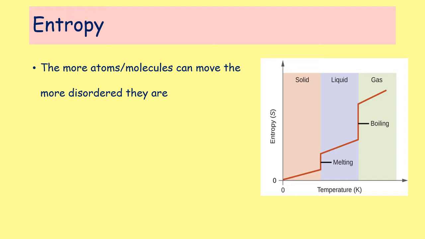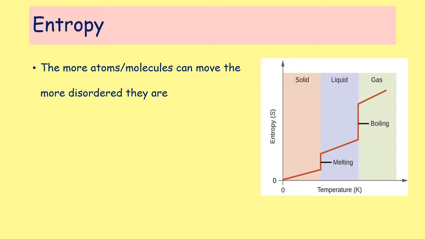Once you reach the melting point for a compound or an element, you get a massive jump in entropy. And that is because you have introduced a whole new level of freedom to the molecules that allows them to move and hence increases the disorder quite considerably. So as you melt a solid, the molecules are no longer fixed in one position, they're now able to move over one another.